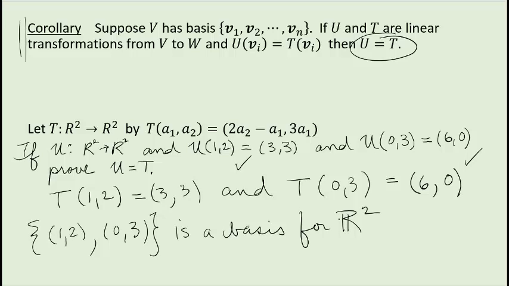One is not a multiple of the other. So this set is a basis for R2, and T and U act the same on each element of the basis. Therefore, we can say by the previous theorem that the mapping U is equal to the mapping T. In other words, every vector in R2 gets sent to the same image by U and T.